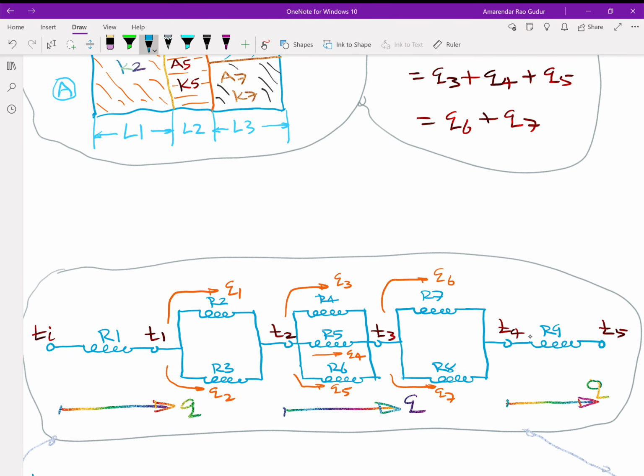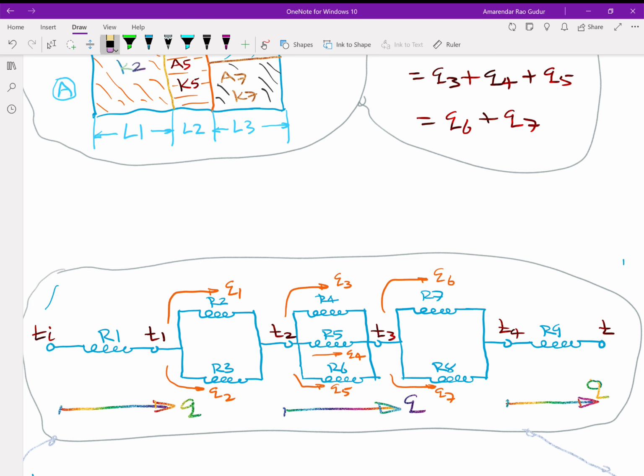Convective resistance, two conductive resistances in parallel, three conductive resistances in parallel, two conductive resistances in parallel, again outer convective resistance. Q is steadily going from left side Ti to right side T0. Of course, this is T0, the lowest temperature in the system.